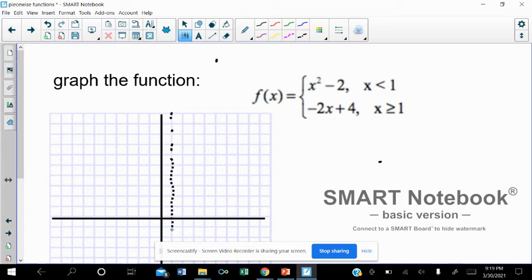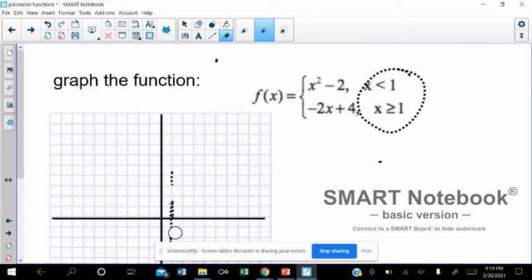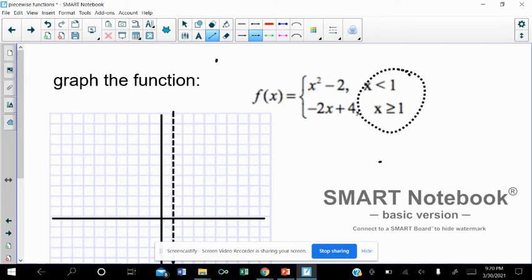Why am I putting it at 1? Because I have breaking points at 1. That means I know that I have something going on here. Sometimes you need it, sometimes you don't. Whatever the case may be, if you need it, use it.